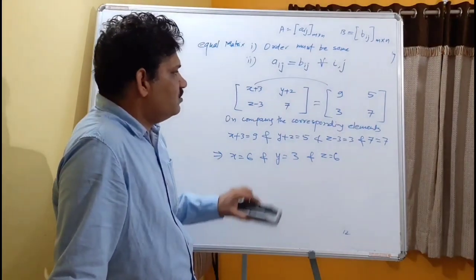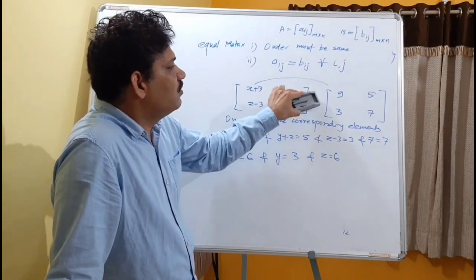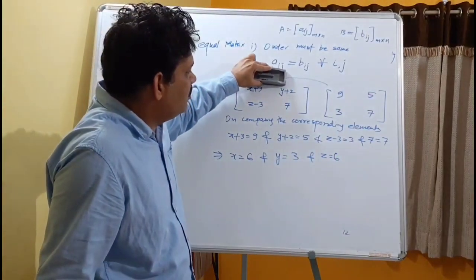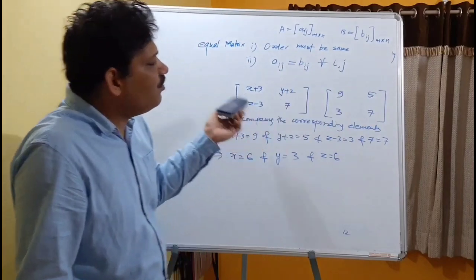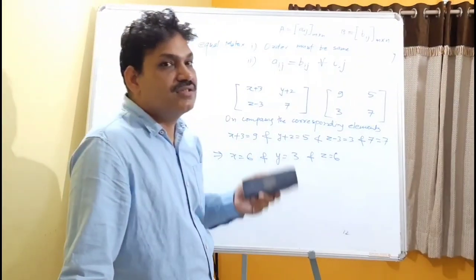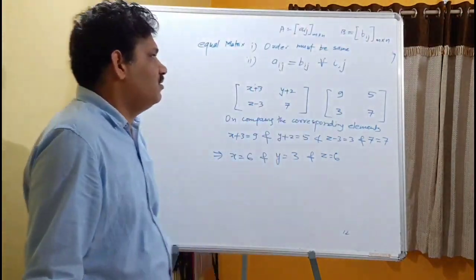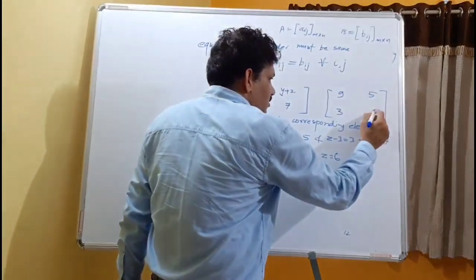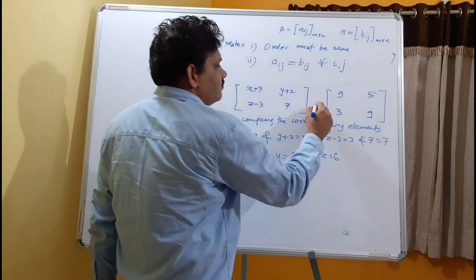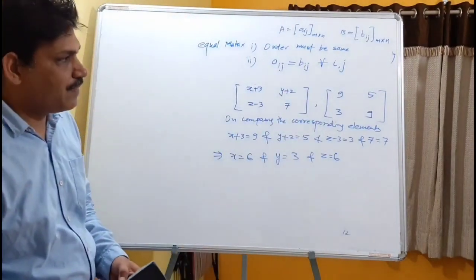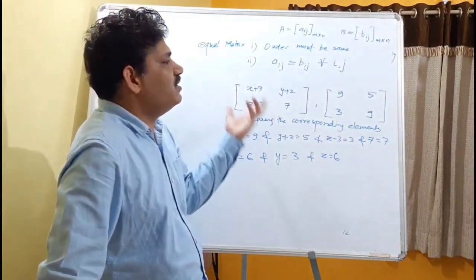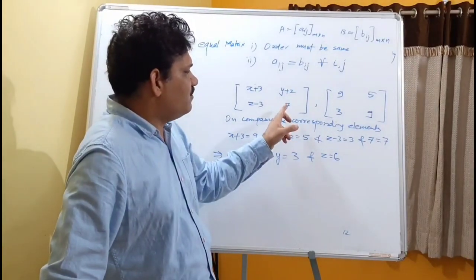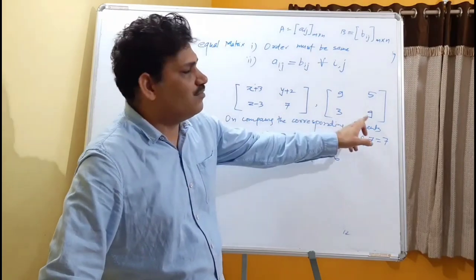There is a question: if two matrices are given and it's not given that they are equal, we have to find the values of x, y, z so that they become equal. Suppose I write here 9, and if I ask for what values of x, y and z these two matrices are equal, then by inspection we can very simply say this element is not equal to this.